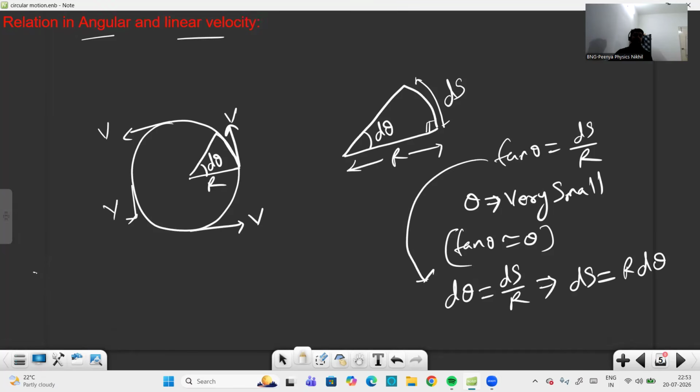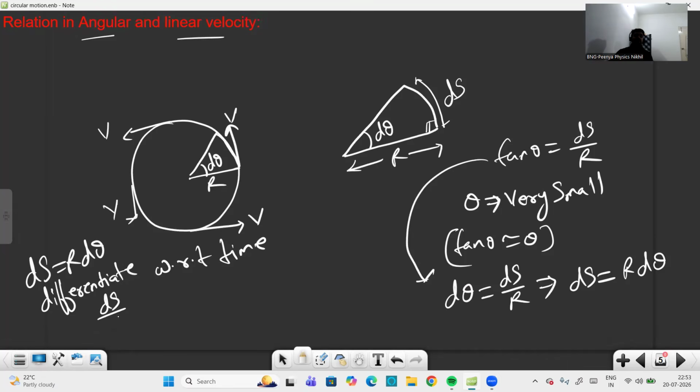Now, I am writing this term again here, ds equals r d theta, and then differentiate with respect to time. When we differentiate, we get ds by dt equals r d theta by dt. Finally, ds by dt is the linear speed, or linear velocity, and then r, and d theta by dt is the angular velocity, omega.